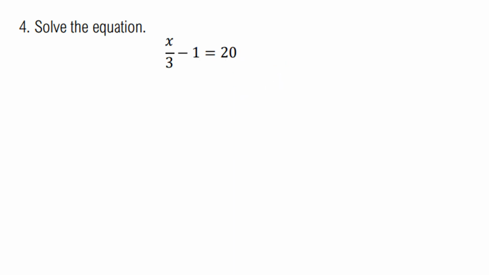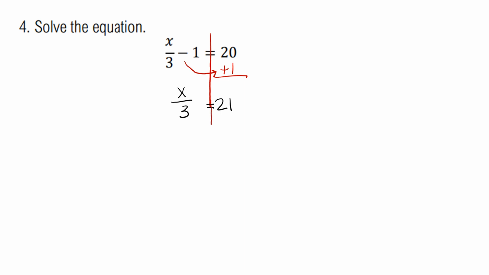Number 4, solve the equation x over 3 minus 1 equals 20. We start by combining our like terms. The negative 1 and 20 are on opposite sides, so we do the opposite operation. Instead of a minus 1, we do a plus 1. 20 plus 1 gives us 21. The x over 3 stays the same as it was not part of our like terms that we solved.